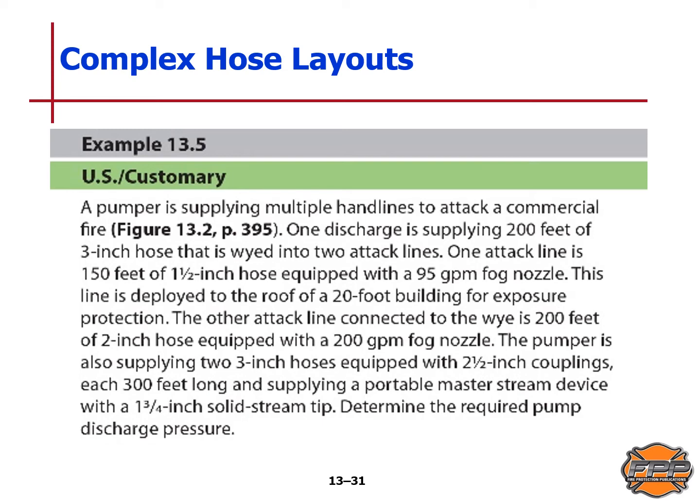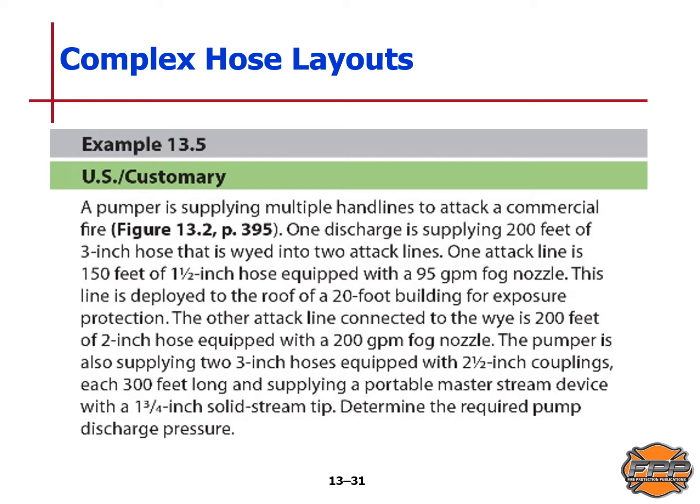One discharge is supplying 200 feet of 3-inch hose that is wyed into two attack lines. One attack line is 150 feet of 1.5-inch hose equipped with a 95 gallon per minute fog nozzle. This line is deployed to the roof of a 20-foot building for exposure protection. The other attack line connected to the Y is 200 feet of 2-inch hose equipped with a 200 gallons per minute fog nozzle.